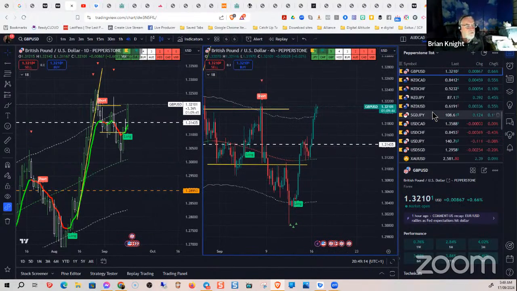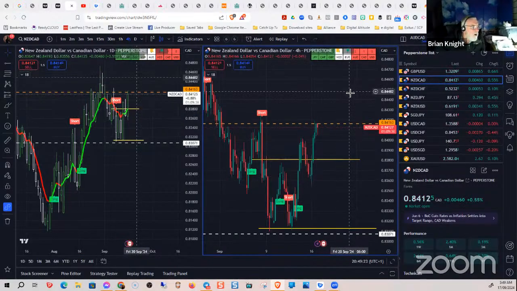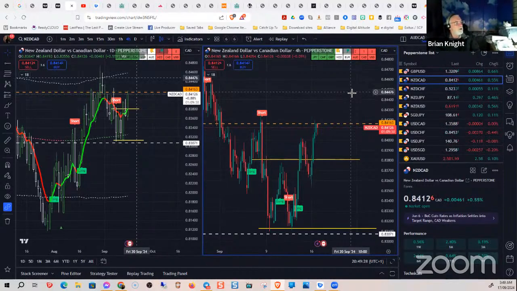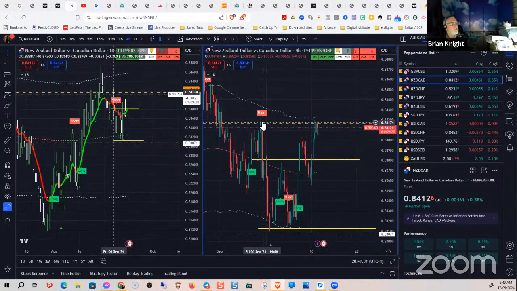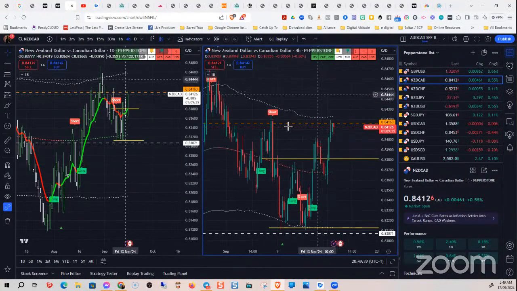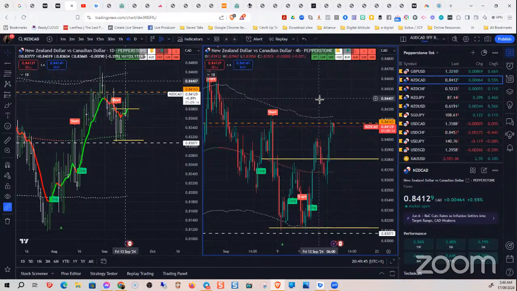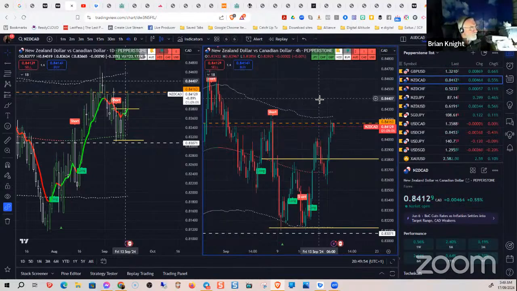Rightio, NZDs. Right, NCAD. That's about to do a pullback. It has, oh, look at that. Not quite taking the short out. Not yet. Do you reckon it will? Yes, and then sell.